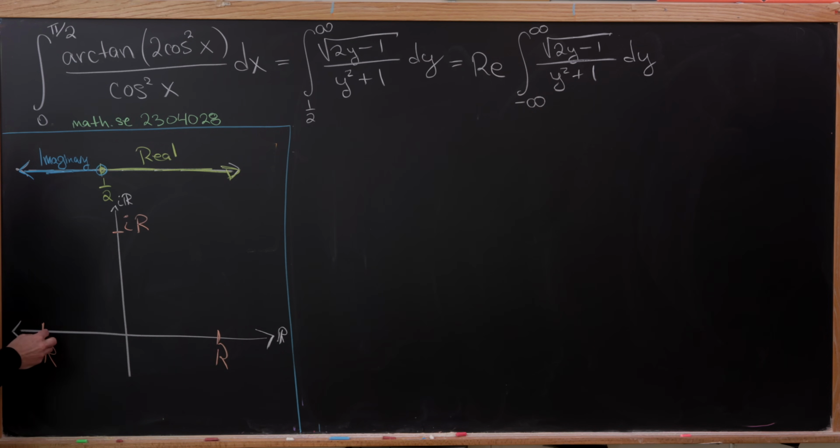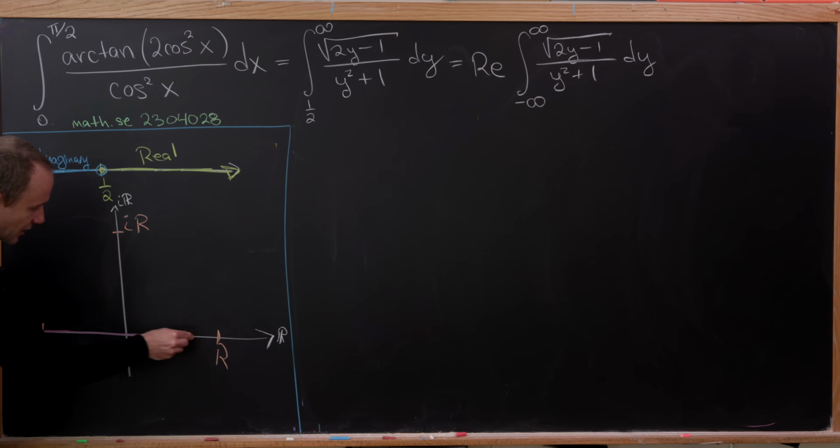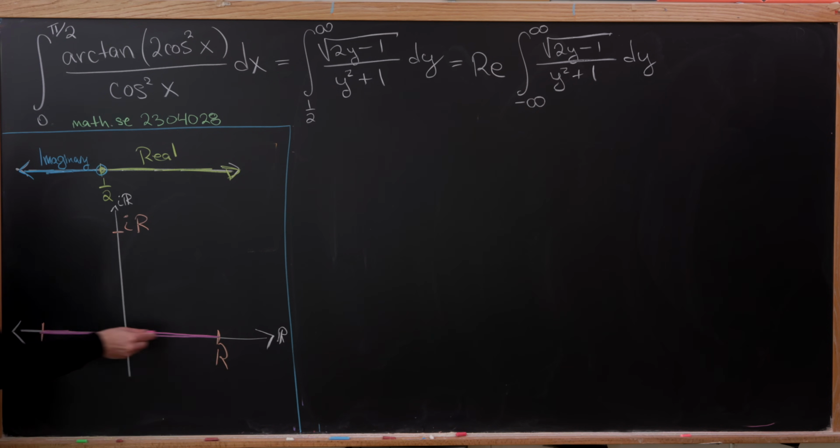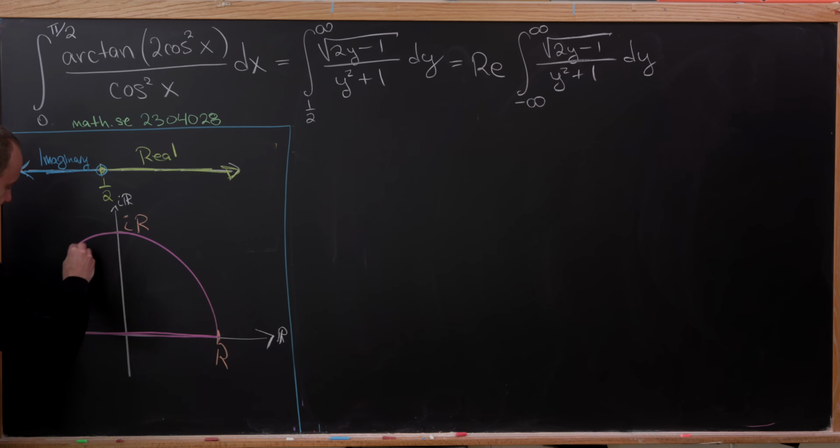The contour will be this semicircle, which is built out of all of these parts. Let's make this semicircle in this magenta color. Okay, so we have something like that.